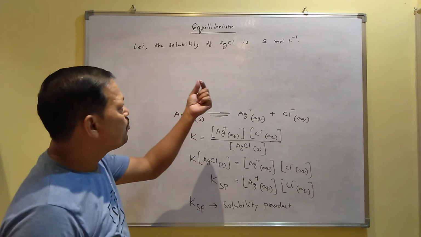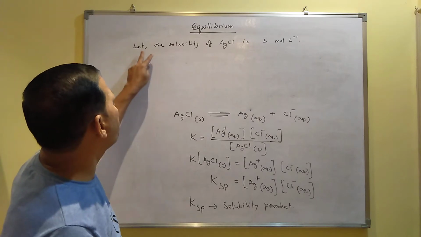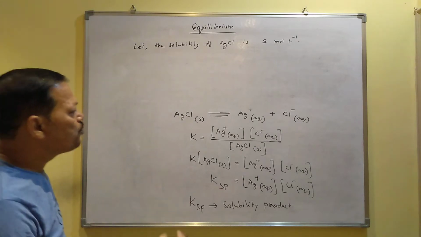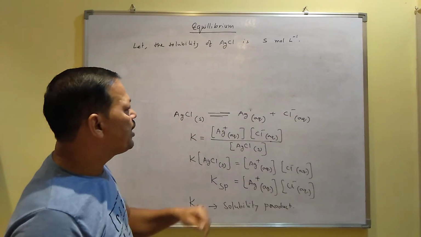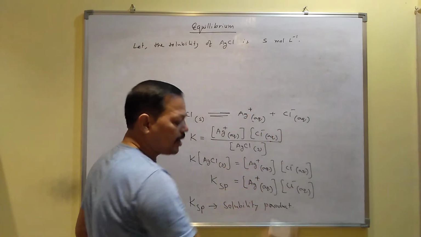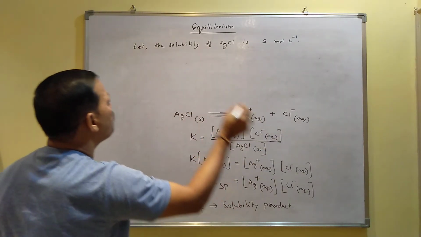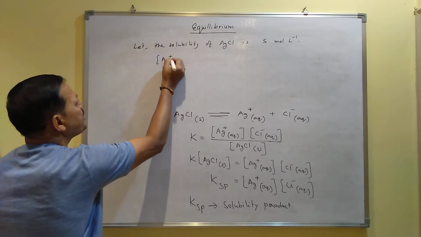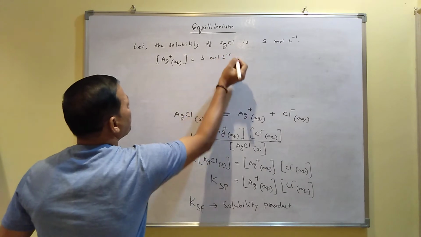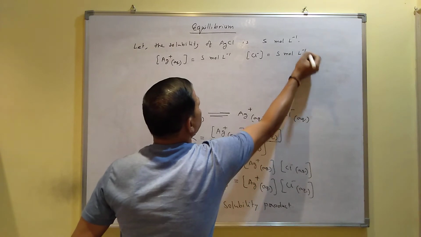I mean S mole of AgCl is dissolved in water in 1 liter of solution. That's why we have considered the solubility of AgCl to be S mole per liter. If S mole of AgCl is dissolved in water, then the concentration of silver ion will be S mole per liter, and the concentration of Cl minus ion will also be S mole per liter.